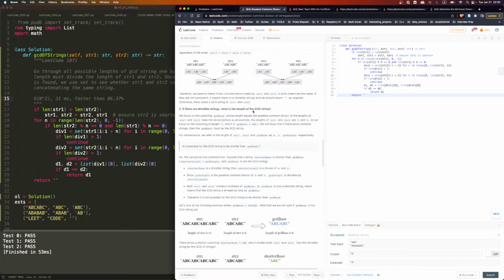So if the actual one is actually shorter, yes, it's a divisor of m and n, that's true. GCD length is divisible by, yes, that is true.